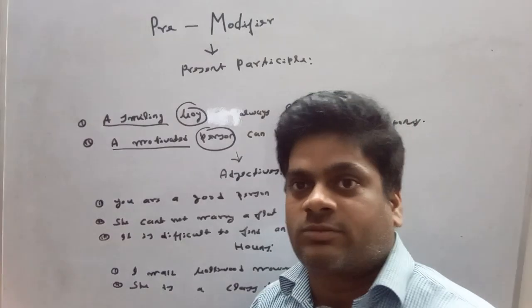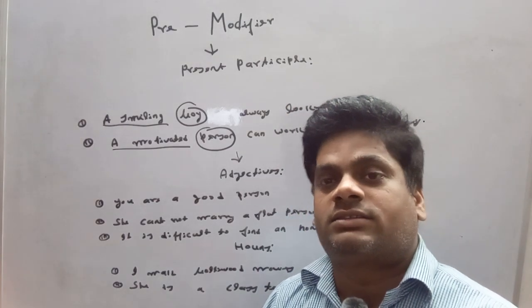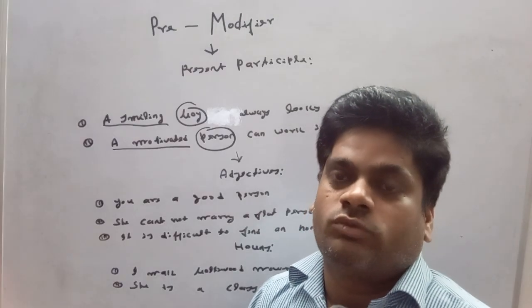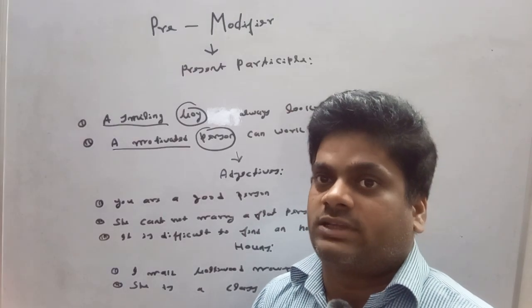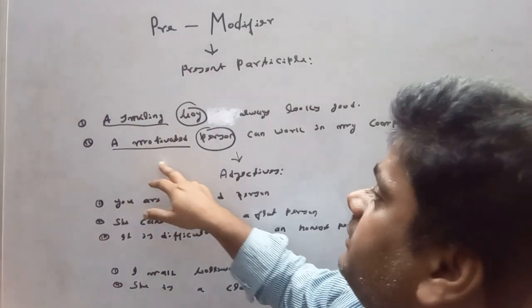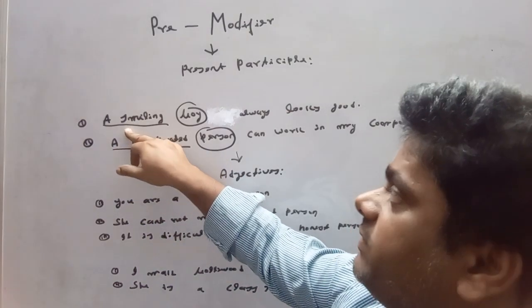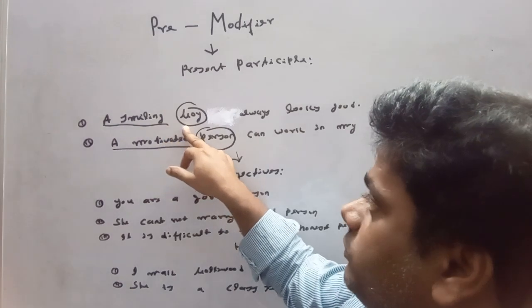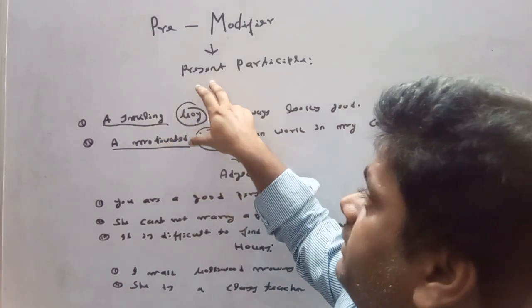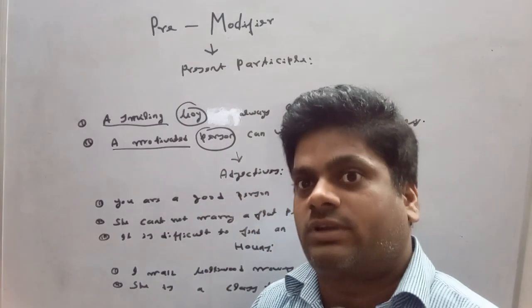In the case of present participle, we add ing to the verb, and in the case of past participle, we use the third form of a verb as an adjective. Here it is modifying the noun person and this present participle is modifying the noun boy. So, we can say that present participle or past participle can work as a pre-modifier.